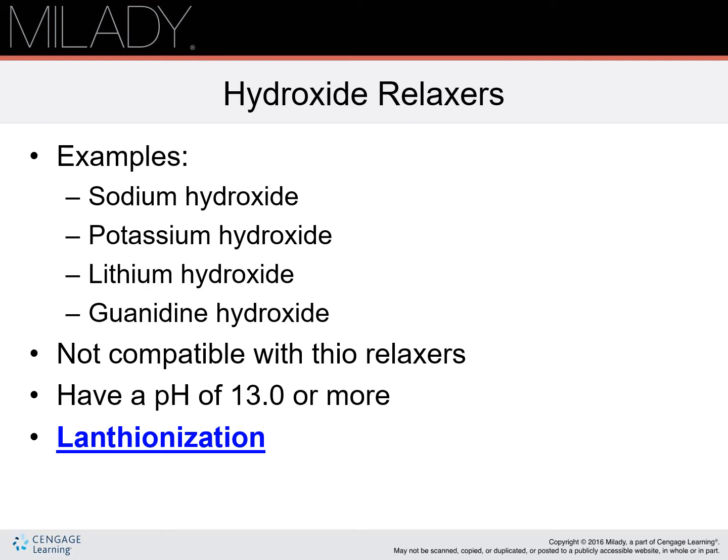All four types of hydroxide relaxers are strong alkalis that can swell the hair up to twice its normal diameter. These are not compatible with thio relaxers. Hydroxide and thio are not friends. They have a pH of 13 or more. Remember, guys, that the pH scale goes to just 14, so that tells you how far up they are, how alkaline a product they are on that pH scale.